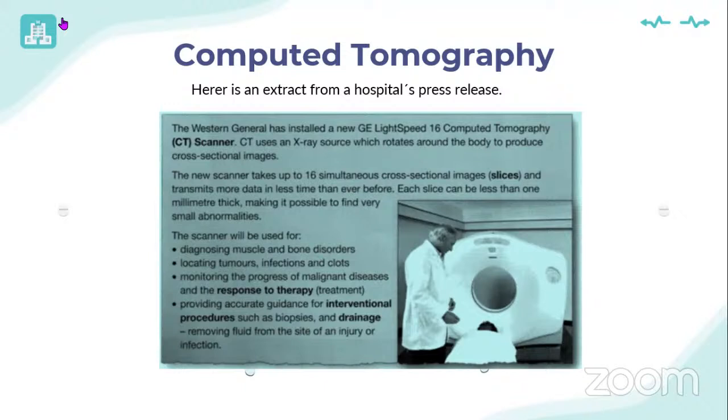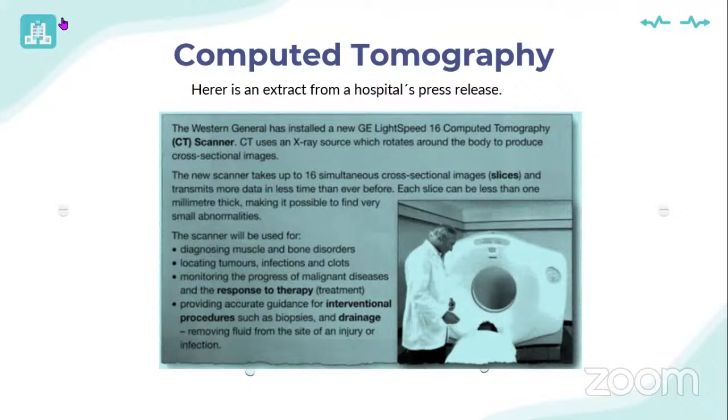Okay, thank you, Ale. Once again, computed tomography. Here is an extract from a hospital's press release. The Western General has installed a new GE Lightspeed 16 computed tomography or CT scanner. CT uses an X-ray source which rotates around the body to produce cross-sectional images.